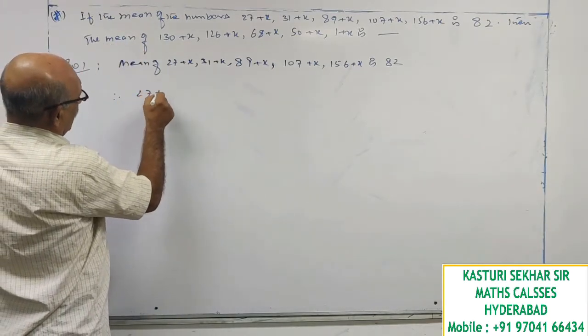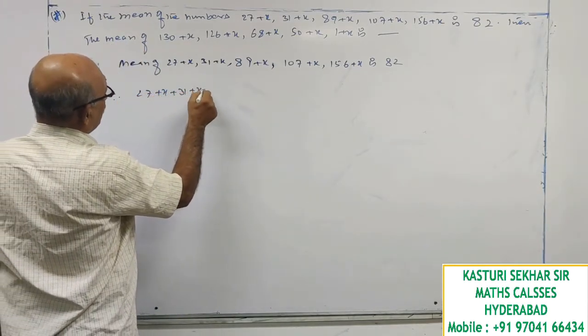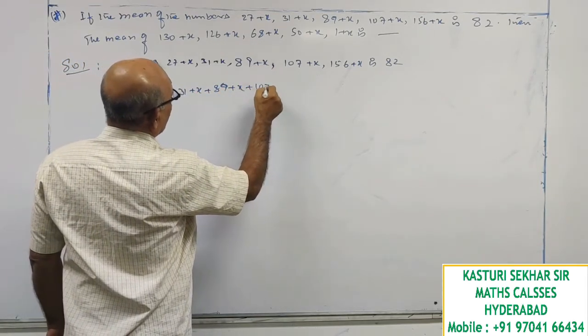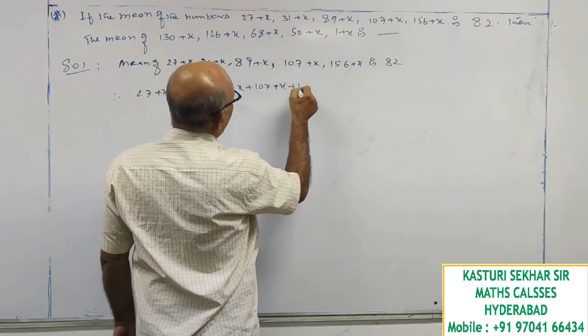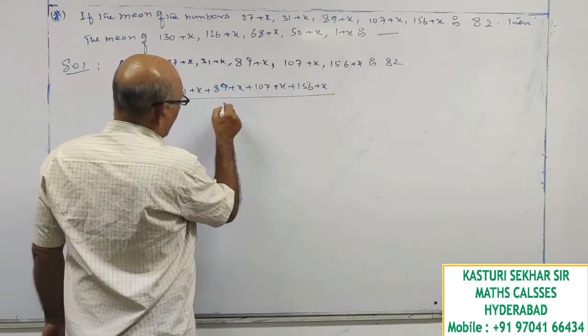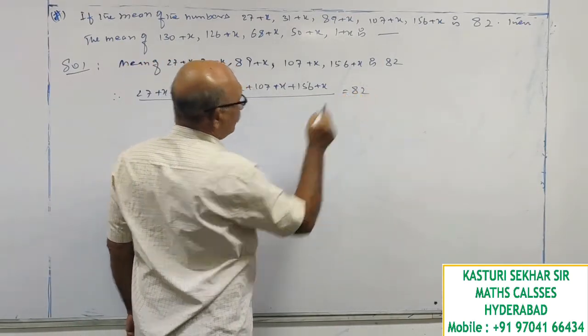Therefore, 27 plus x, 31 plus x, 89 plus x, 107 plus x, 156 plus x, divided by 5, is 82.